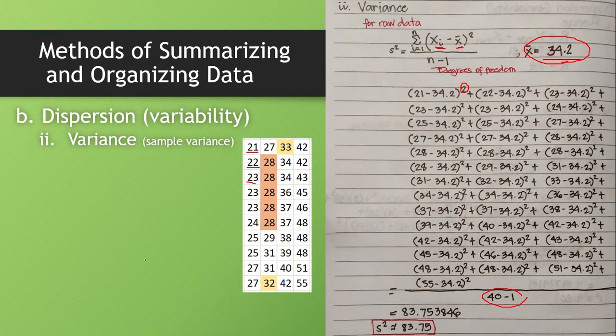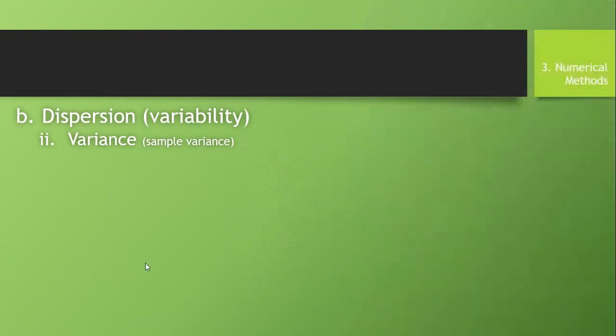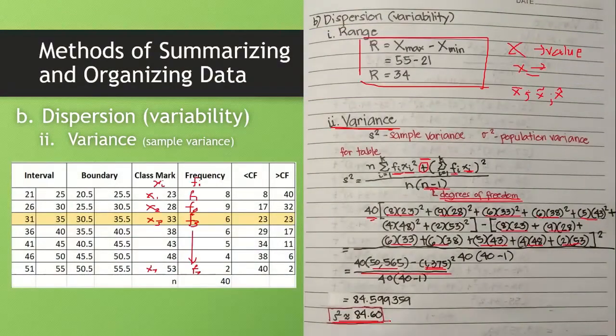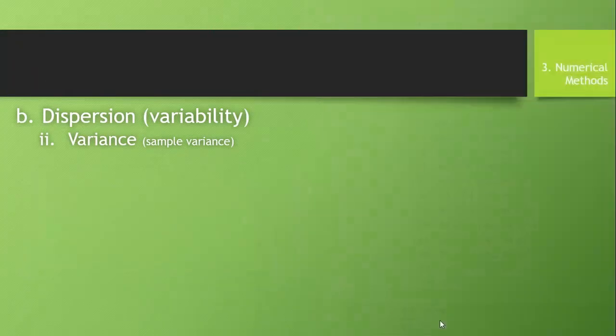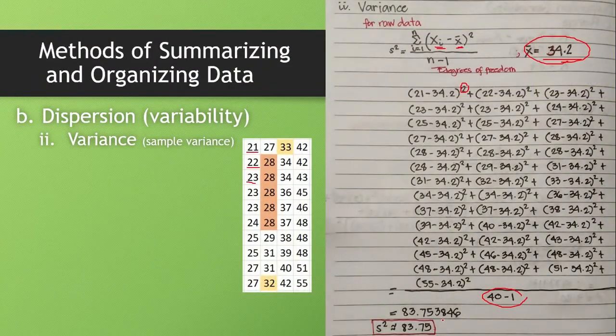If we will compare it to the previous one, for the grouped data, that's 84.60. So if you would notice, there would always be a difference between the calculations of grouped and ungrouped data, since for grouped data, they are just approximated, while these ungrouped data are the real or exact samples or data.